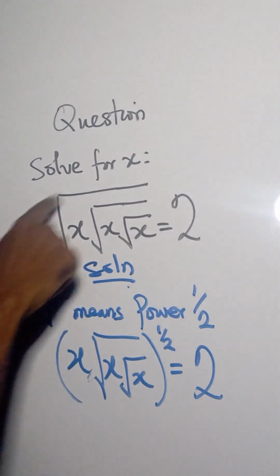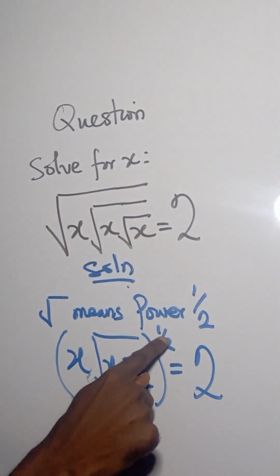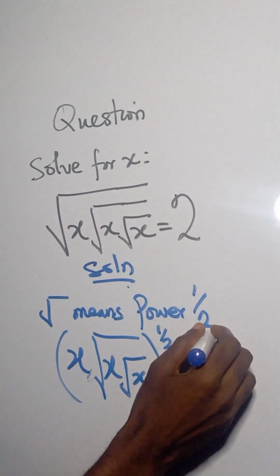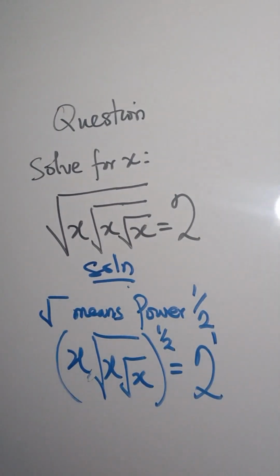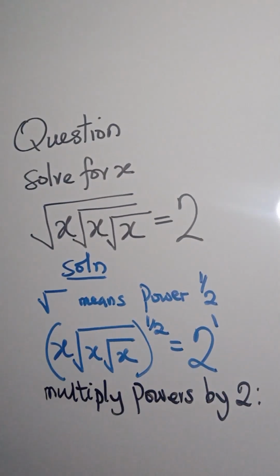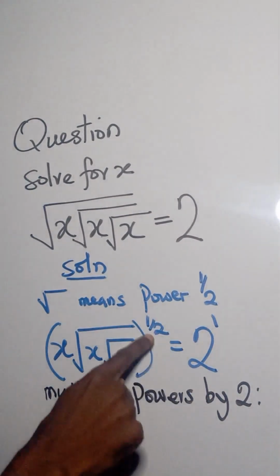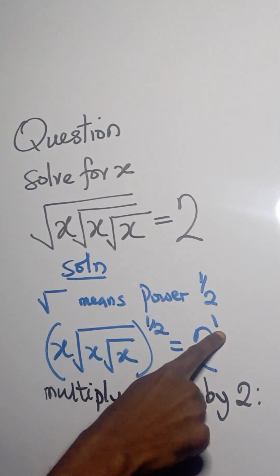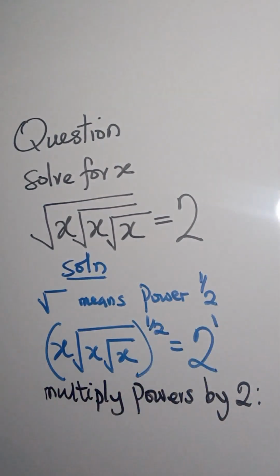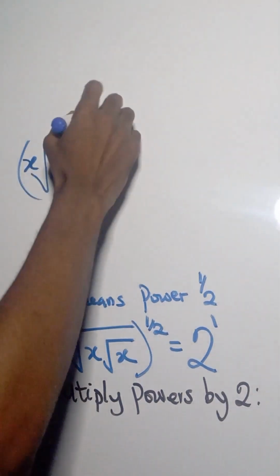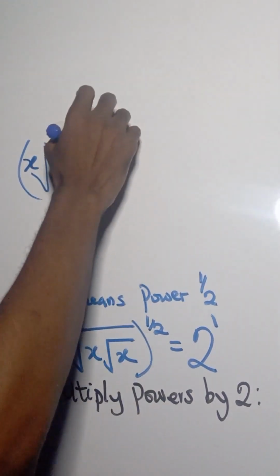We have removed the first square root to the power of half. Remember, this has a power of 1. Alright, so our next step, we are going to multiply the powers by 2. We are going to multiply this power by 2 and multiply this by 2. So we are going to have this.